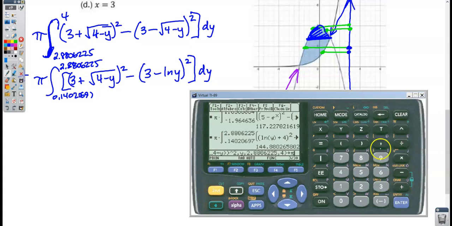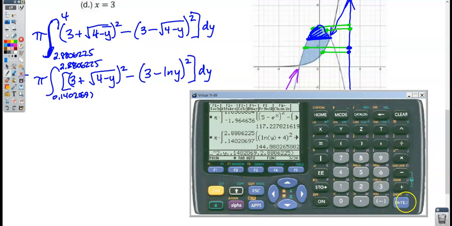plus pi times the integral of the quantity 3 plus square root of 4 minus y, close quantity, square that, minus quantity 3 minus natural log of y, square that quantity with respect to y, from 0.1402069 to 2.8806225.